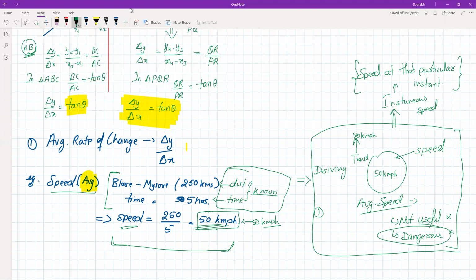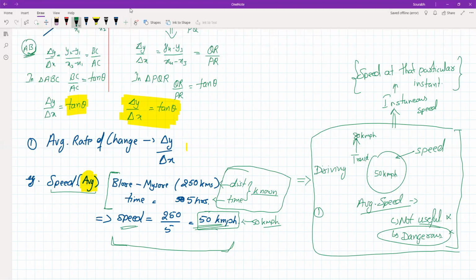Is it clear? What is average speed? What is instantaneous speed? What is average rate of change? What is instantaneous rate of change? And what is the importance? Both are important, the average as well as the instantaneous. While driving, the dashboard panel in my car should actually show me the instantaneous speed.